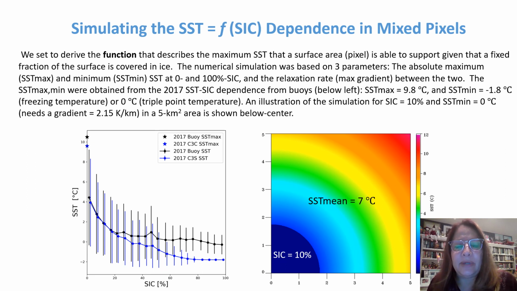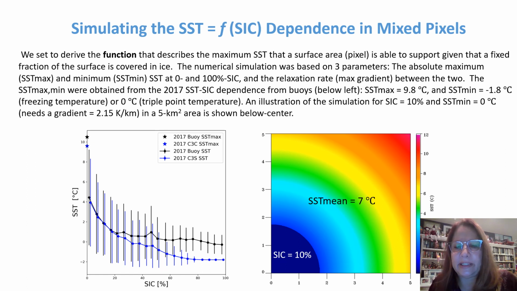For the simulation, we need three parameters: the maximum SST variability at zero ice concentration, the minimum SST at 100% concentration, and the relaxation rate between the two, which we call the SST gradient. We derive these parameters from an independent data set.